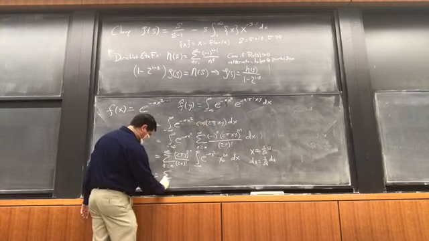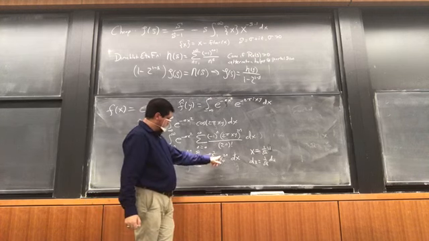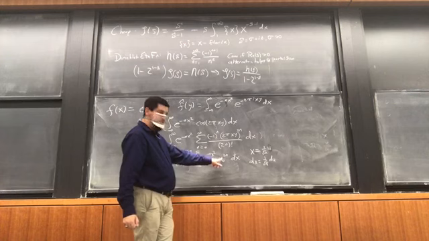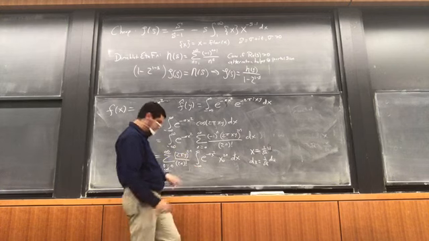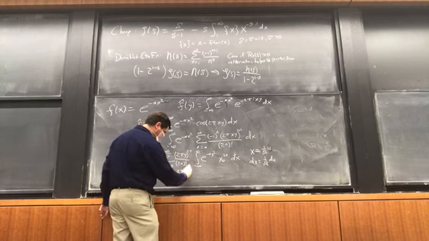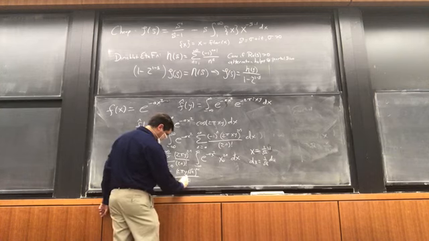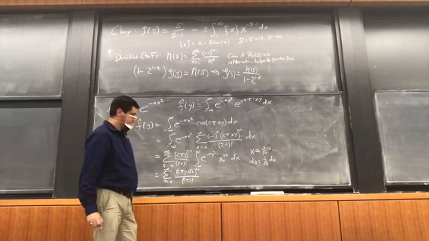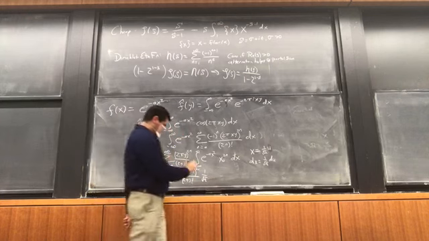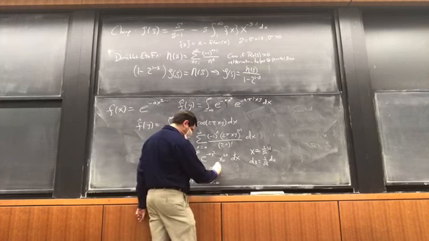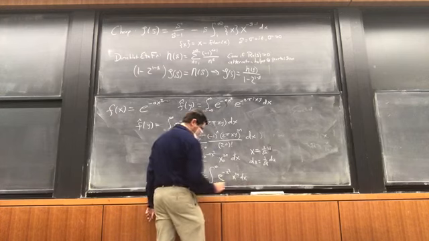And this will become a sum from 0 to infinity. Now we'll have 1 over square root of a to the 2n, so 2 pi y divided by square root of a to the 2n over 2n factorial. We have a 1 over square root of a, and then an integral from minus infinity to infinity of e to the minus x squared x to the 2n dx.